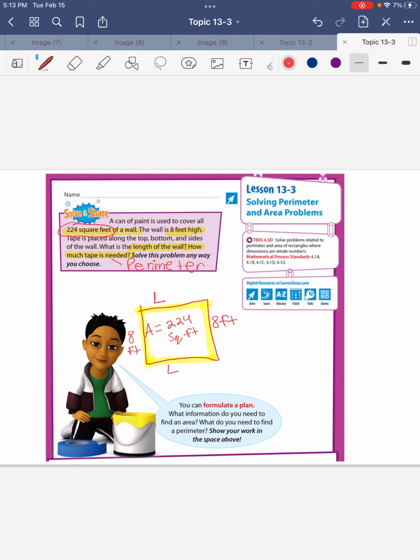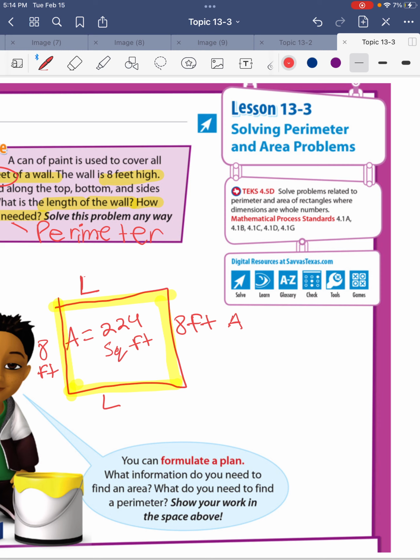I know that for them to get area, they did 8 times something to get to 224.